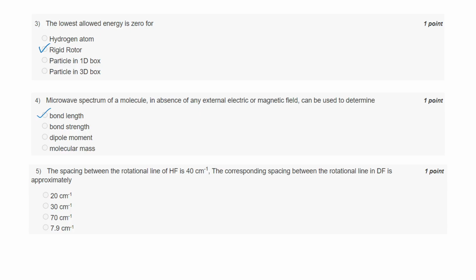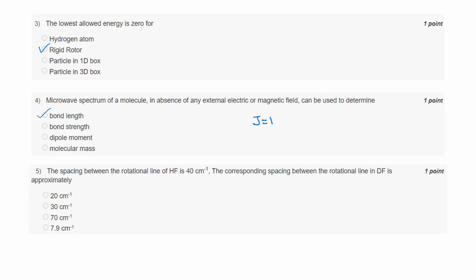No. Then what will happen is that state, suppose J equals 1, in the absence of a magnetic field, how many states are related? What is the degeneracy of the J equals 1 state?